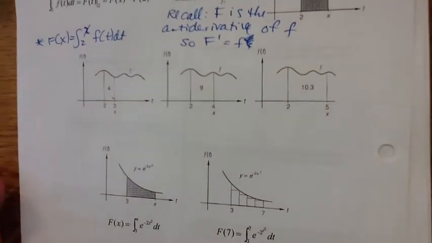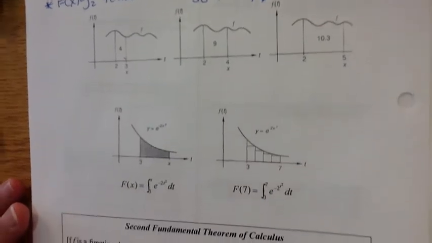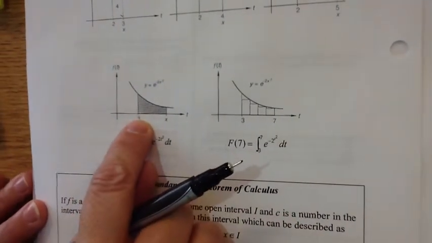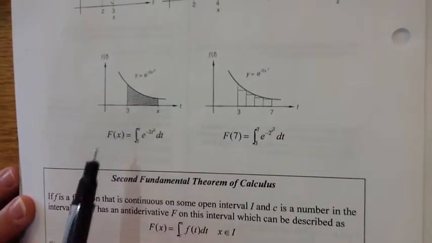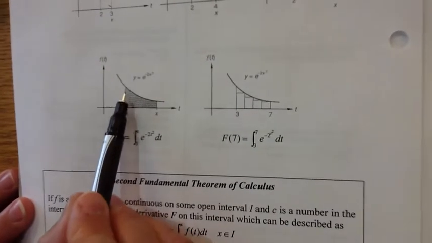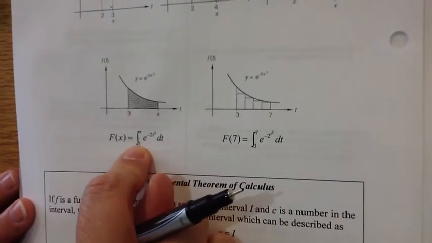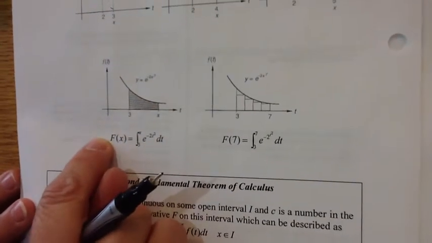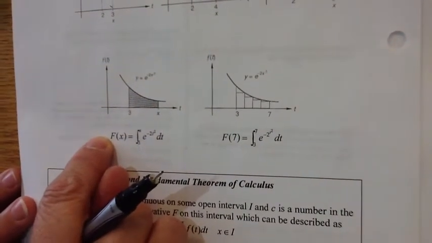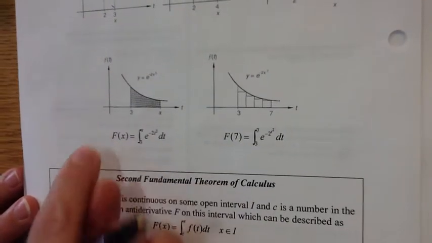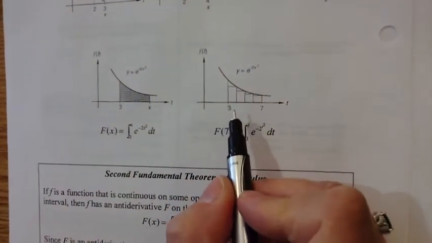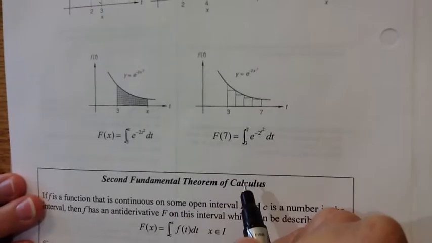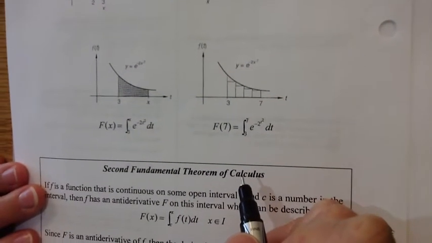Okay? So now, here we have the area under the curve. We're going from 3 to x. We don't know what x is. The area under this curve is the integral of this, and it happens to equal F of x. Now remember, integrals are just taking these little rectangles and adding them up.